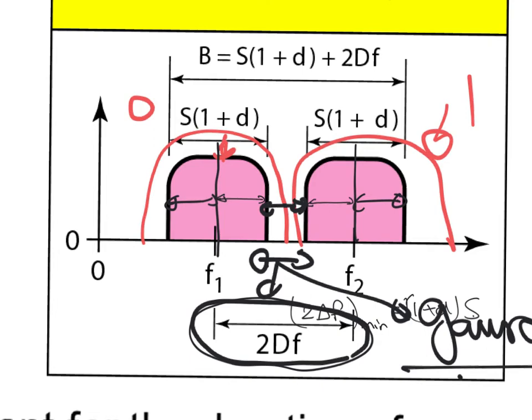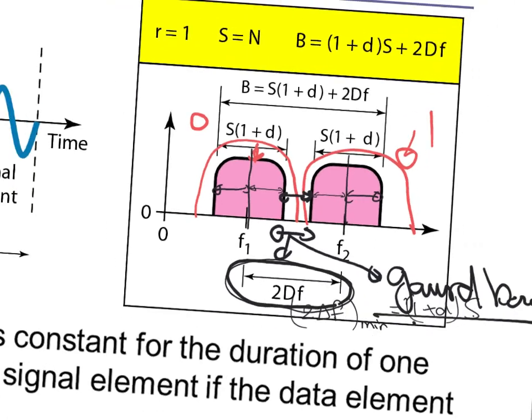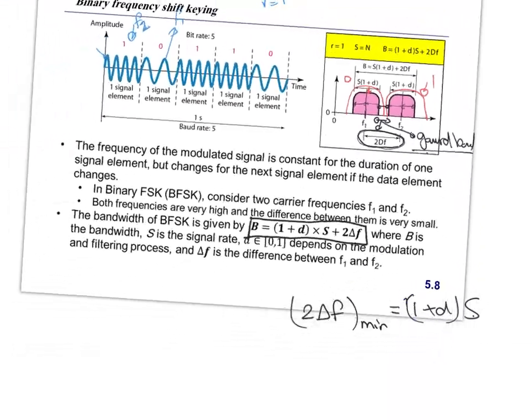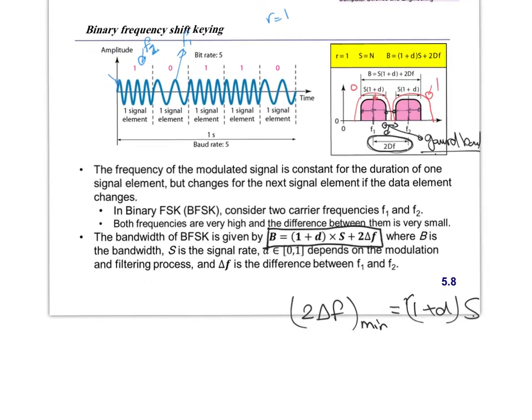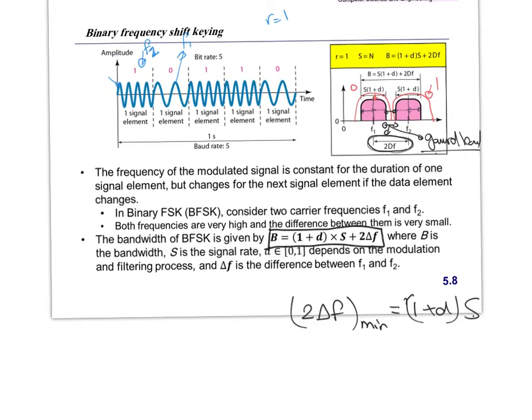So the minimum 2 delta F is 1 plus D times S. There's no maximum, by the way. You can separate the two symbols as much as you want. So there's no maximum 2 delta F, only a minimum 2 delta F, which is 1 plus D times S.